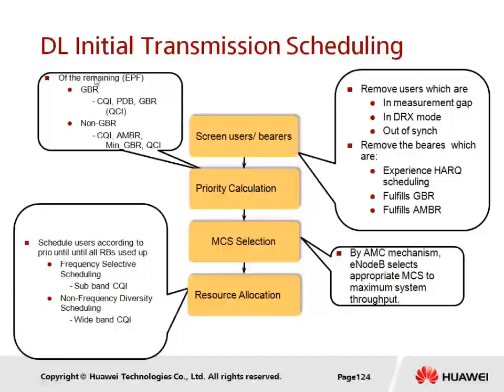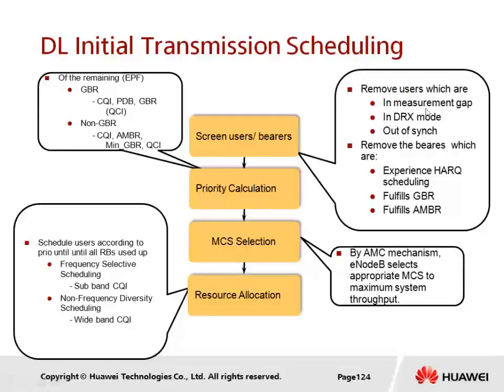So this is for a priority calculation after the users have been selected. The users to be selected are just all of the users which are qualified for scheduling. So the users who are not qualified to participate in scheduling will be filtered out. So what kind of users are going to be removed?